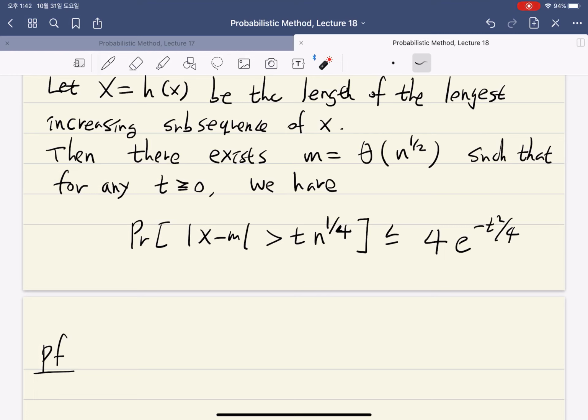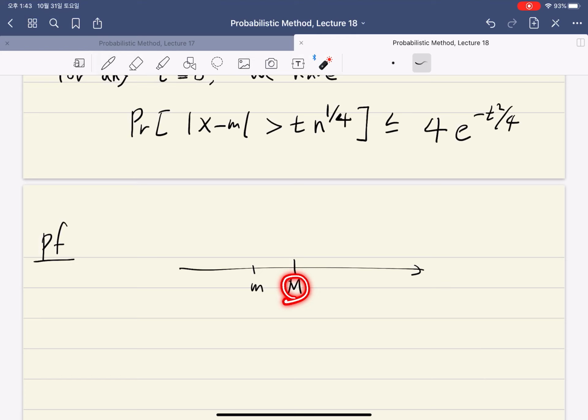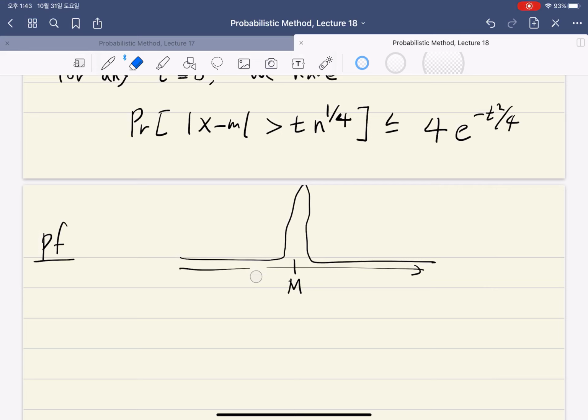So lots of times what you can do is first prove a concentration around the mean, the expectation.